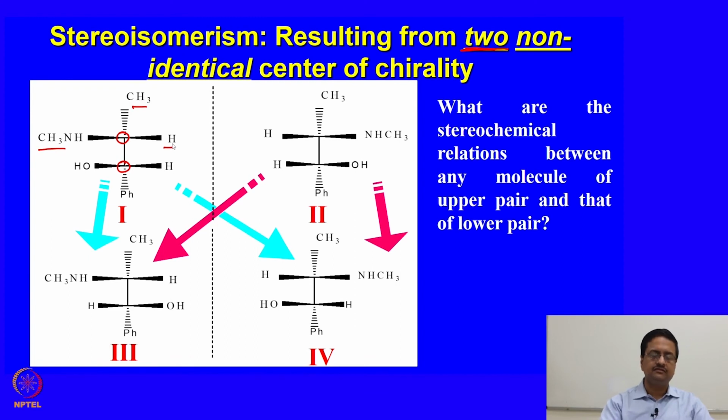So therefore, it should have 2 to the power 2, that means 4 isomers, and those 4 isomers should be enantiomeric pairs. First we can draw this molecule as shown here as number 1.